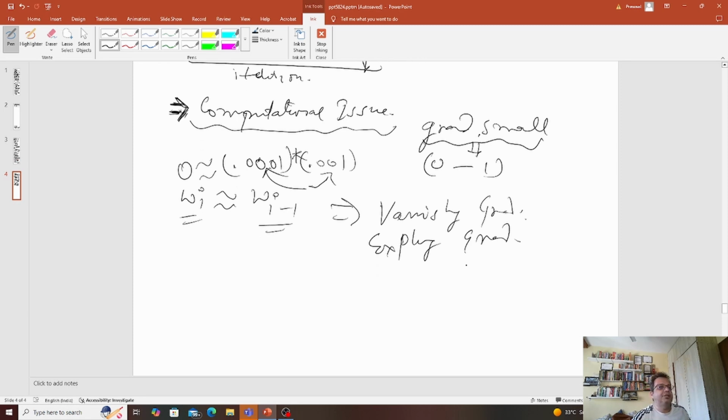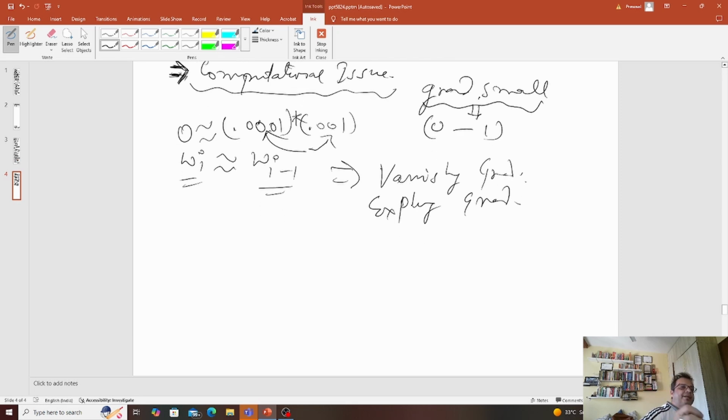It's not part of the syllabus, so don't worry, but on a very high level, how can we solve this is that you use some kind of activation functions which are less likely to fall into these problems.